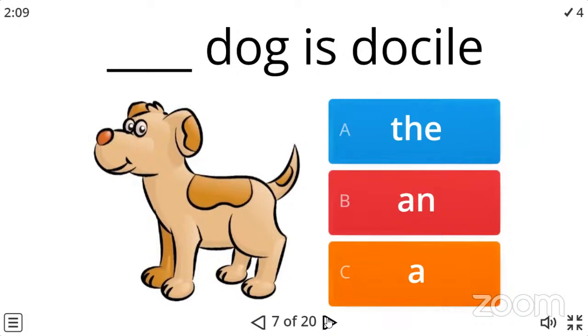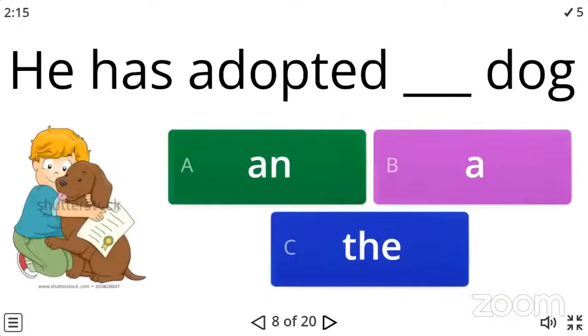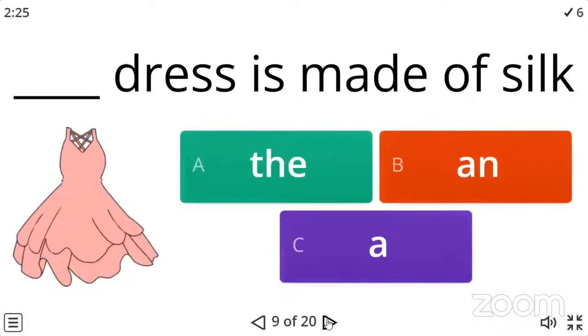The dog. The next one? He has adopted a dog. Very good. The next one? The dress is made of silk. Very good.